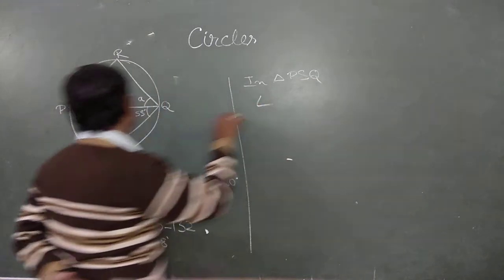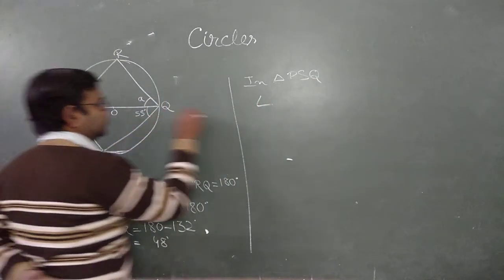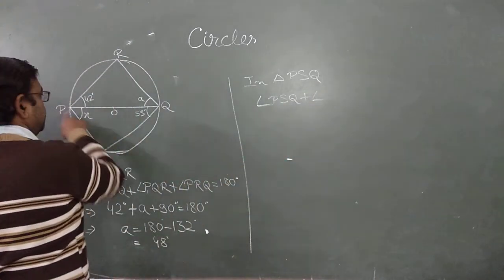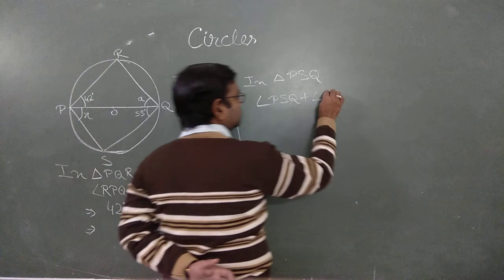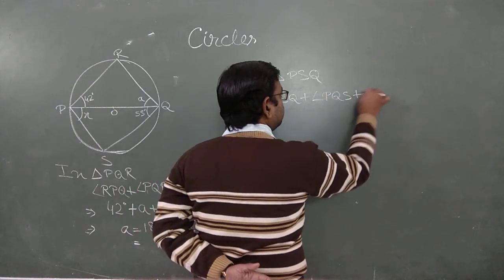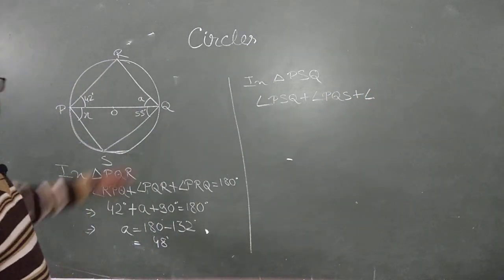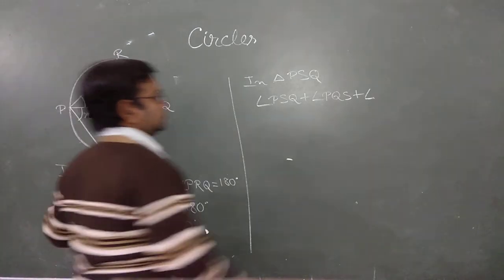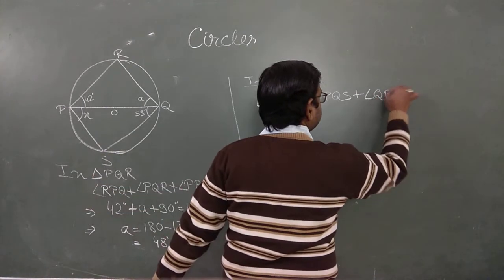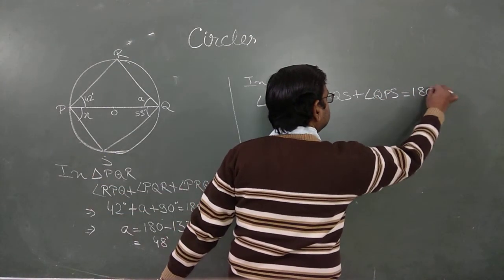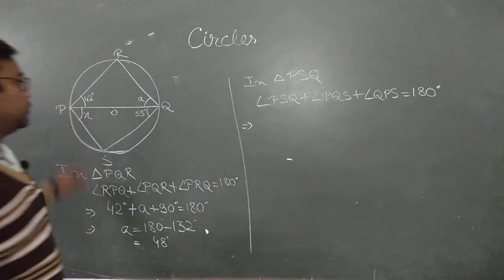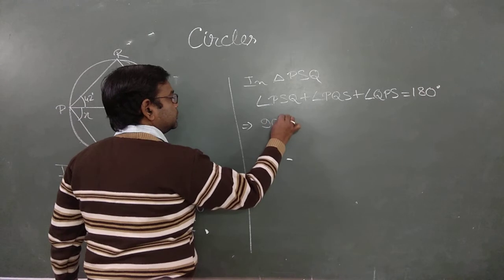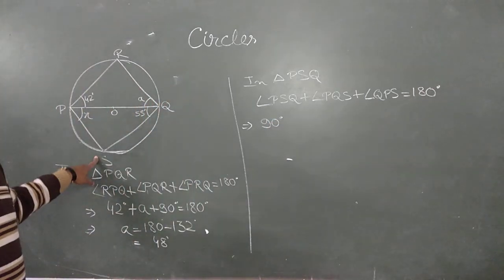What we know is that the value of angle PSQ plus the value of angle PQS plus the value of angle QPS equals 180 degrees. PSQ is a right angle because it's an angle in a semicircle, equal to 90 degrees.